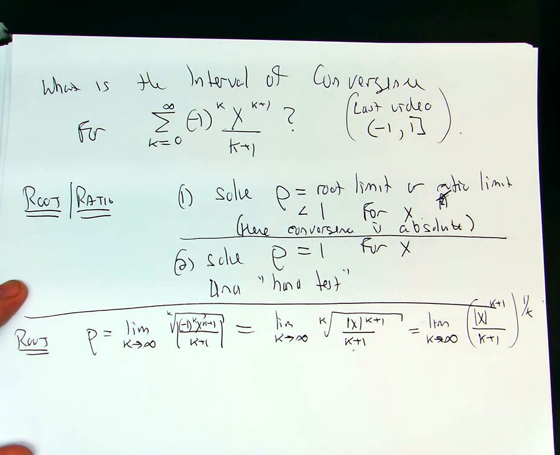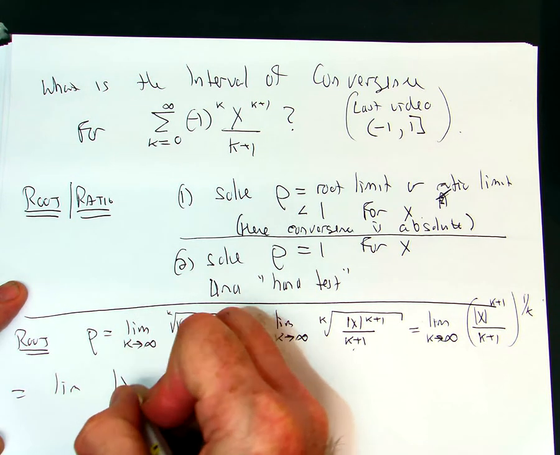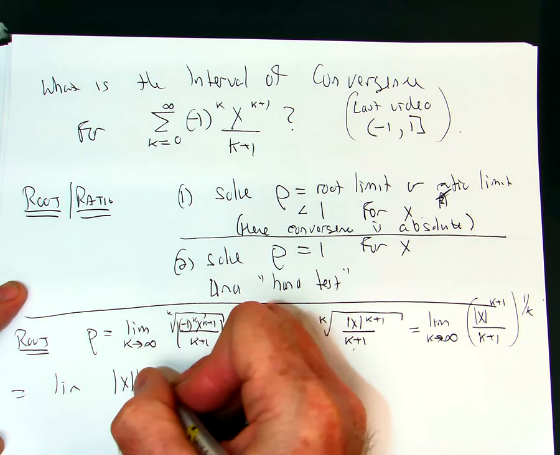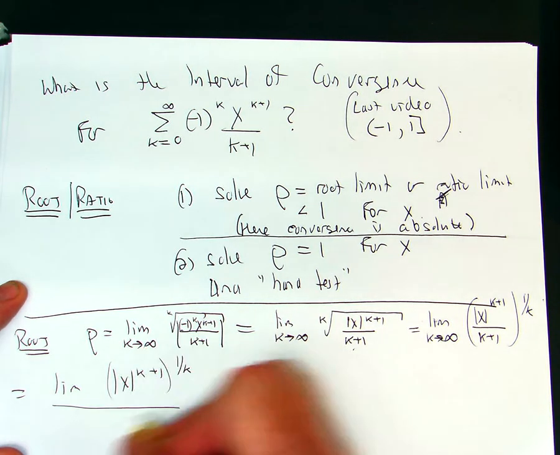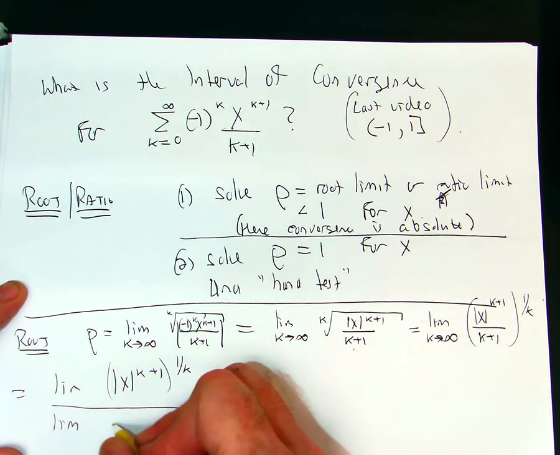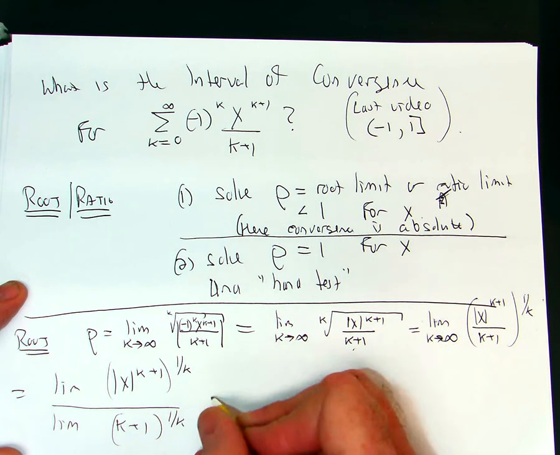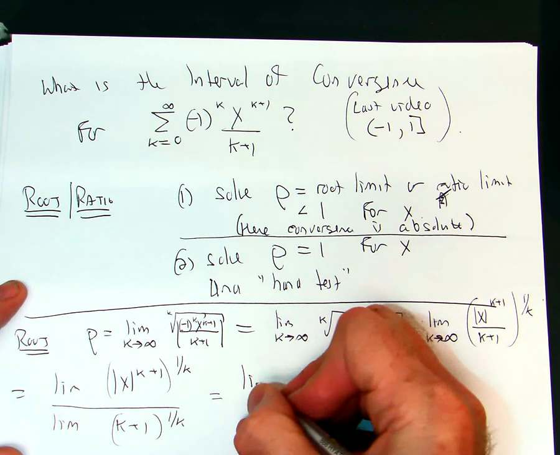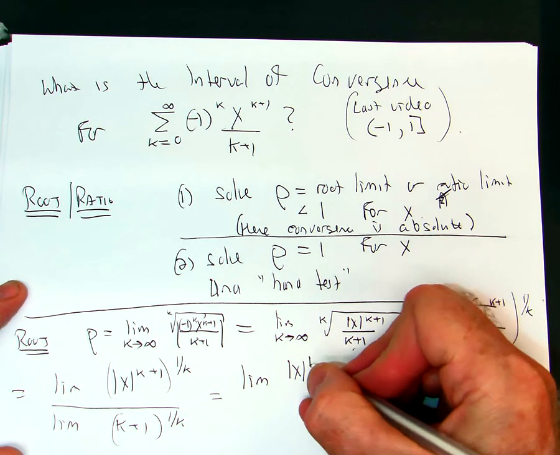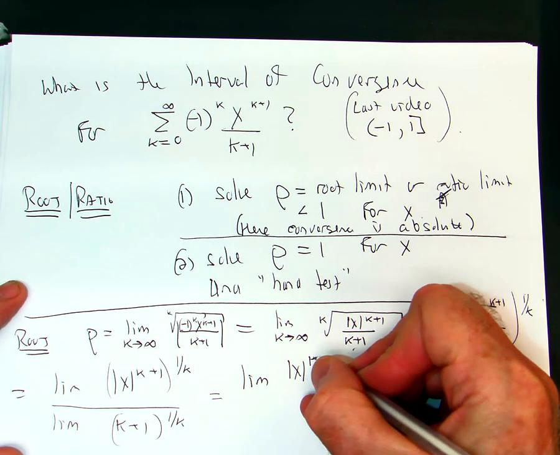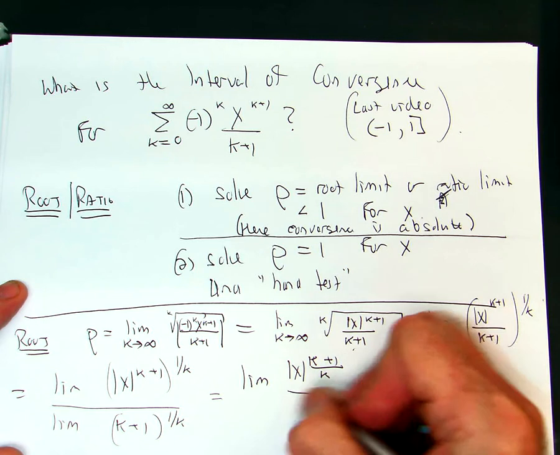Okay, so I'm going to write two different limits: the limit of absolute x to the k plus 1 over k, over the limit of k plus 1 to the 1 over k. This one is going to be the limit of absolute x to the k plus 1 over k, and this is going to be 1.